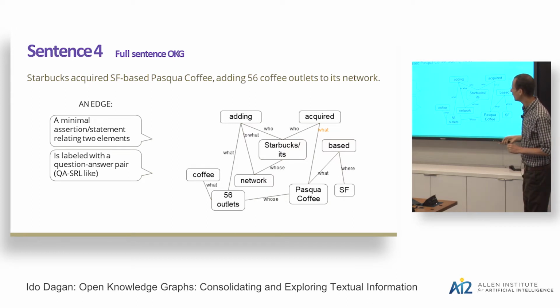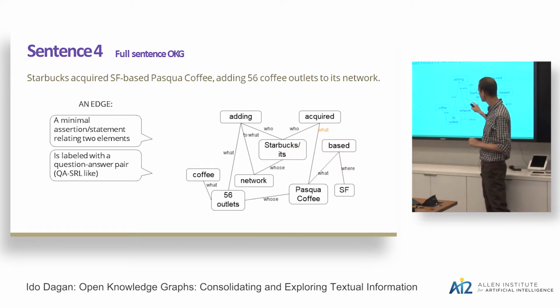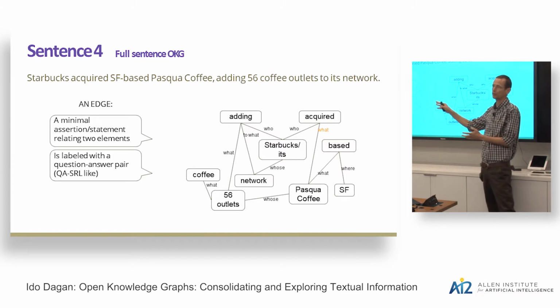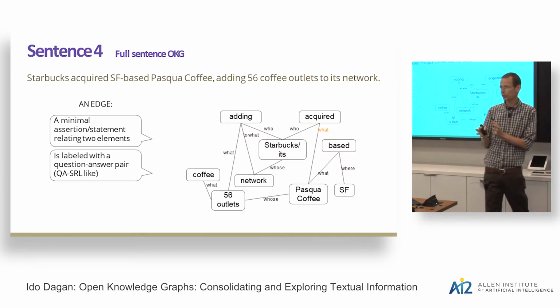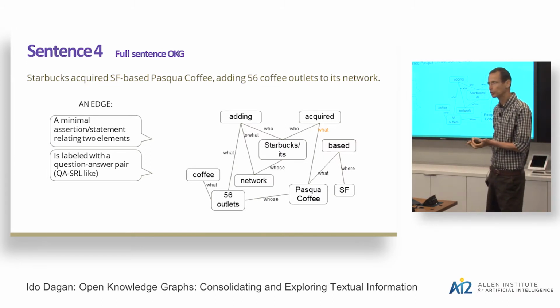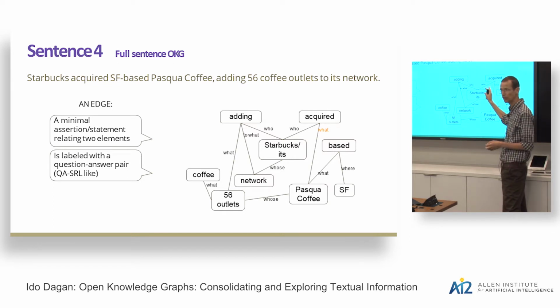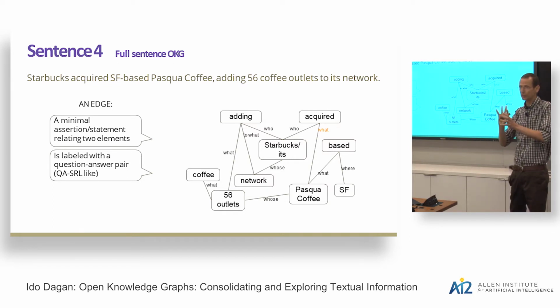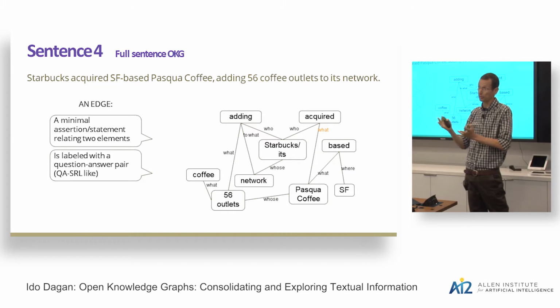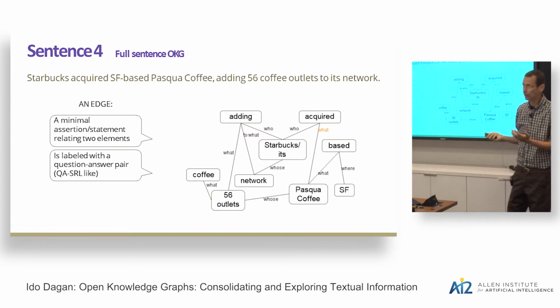And of course, when we follow QA-SRL, notice that different annotators might give different questions. So if we use multiple annotators, you may have a set of questions as a label, where you assume that all these questions are paraphrases of each other, as much as annotators are consistent.